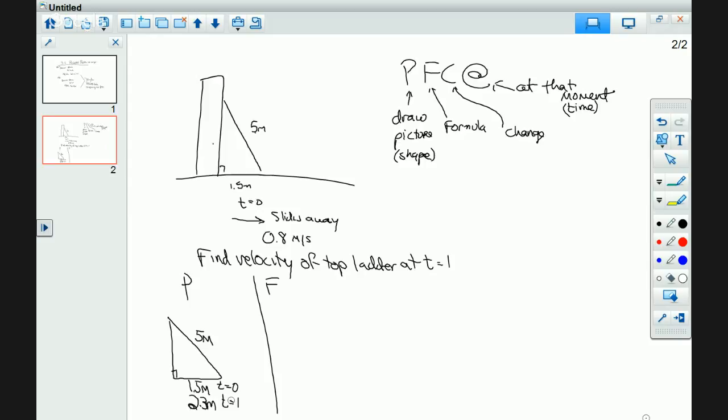Formula. So what variables do we have here? X, Y, Z. What's the formula? We're doing the size of the shape, right? So I'm going to set it.